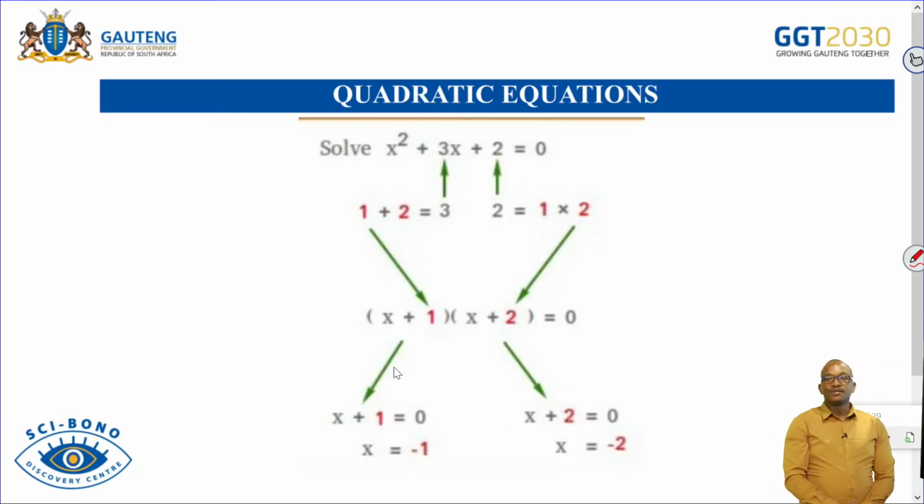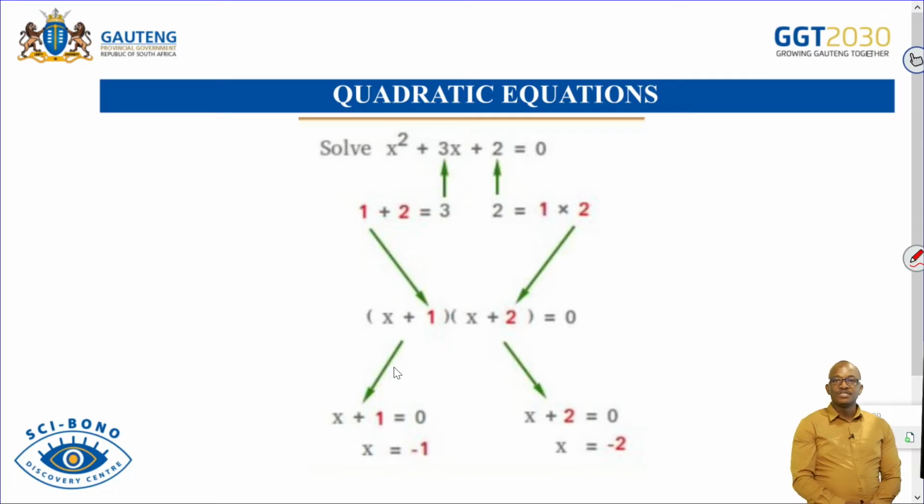Okay, let's look at an example of what I mean. You can see that we are given the equation x squared plus 3x plus 2 is equal to 0. The first thing we need to do is to factorize, because the equation is in standard form. Remember, we said the equation has to be in the form ax squared plus bx plus c is equal to 0.